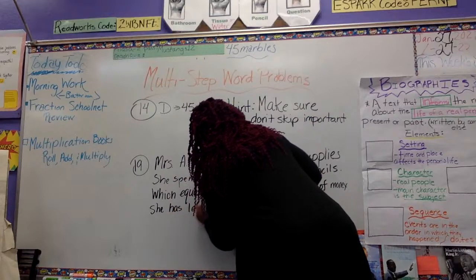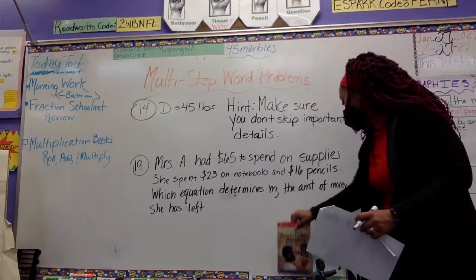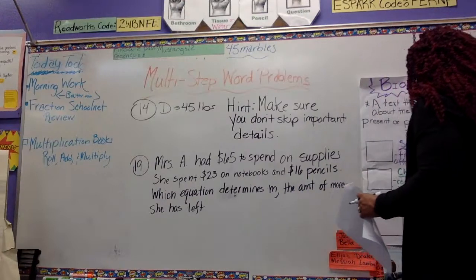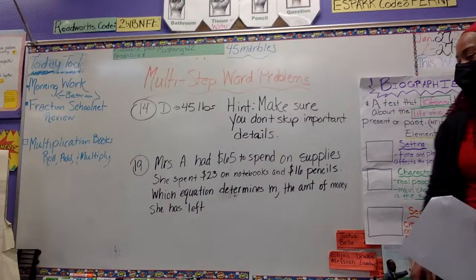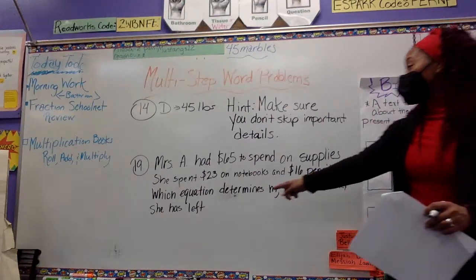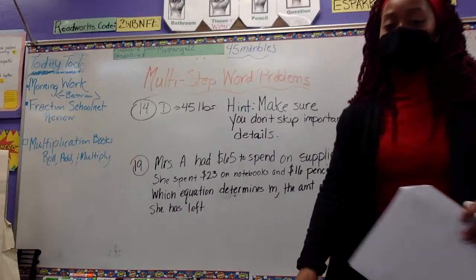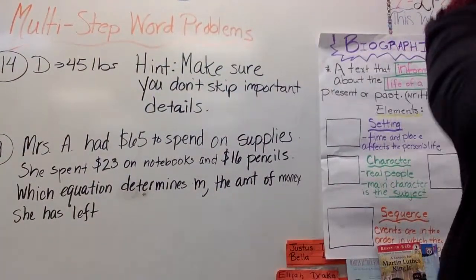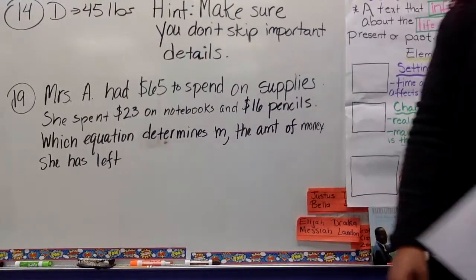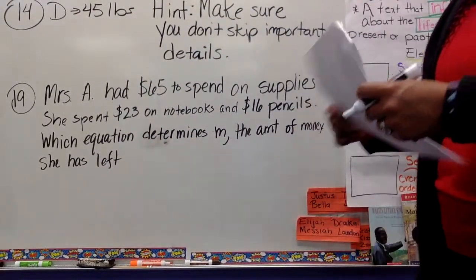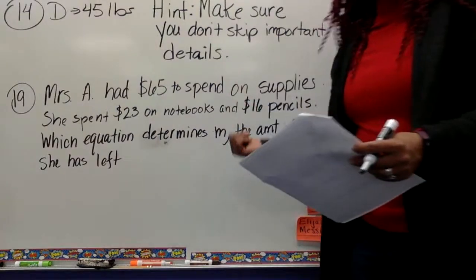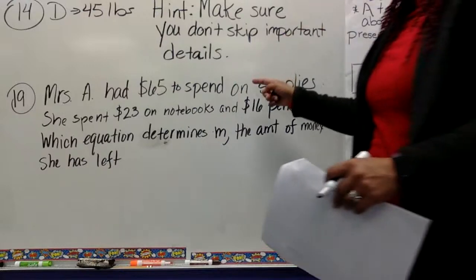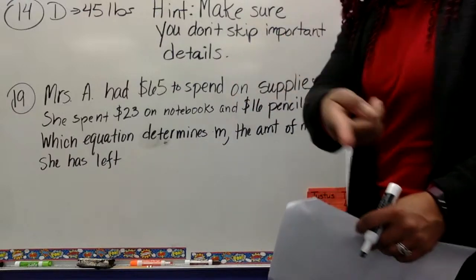I cut it short a little bit so I have some room for us to solve at the bottom. So determine means what? Which one determines M? In other words, when I see this on a math test, it means which one shows me the amount M that she has. Everybody understand that? The easiest thing to do is read through it again. So go ahead and read through it yourself one more time while I work through it here on the screen.